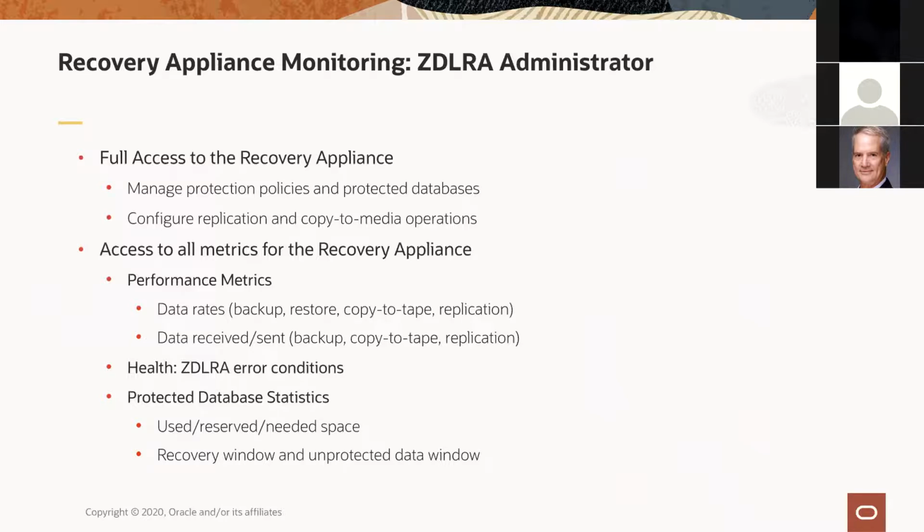That helps us to get full access to the recovery appliance and to all the metrics. So we can see if there is enough storage available on the system, data rates, how much data we are actually copying from a certain database, and then we have data received and sent. That will provide us with information about the health of the Zero Data Loss Recovery Appliance.